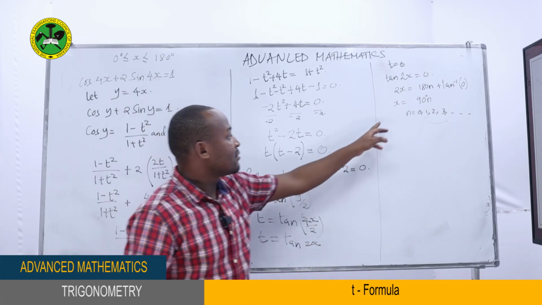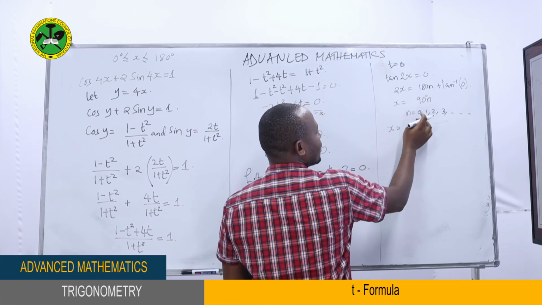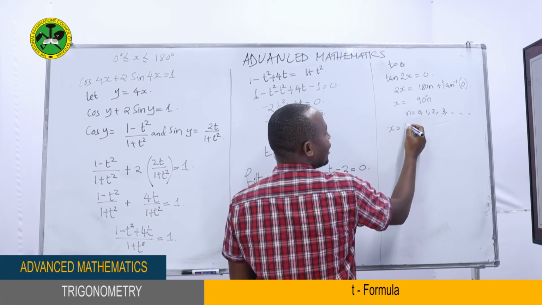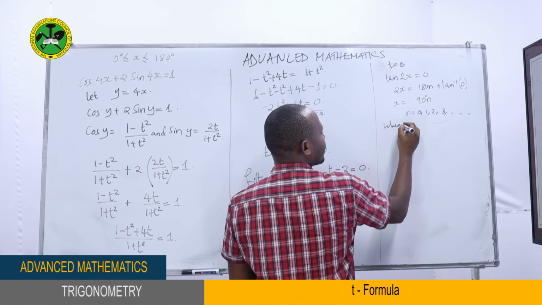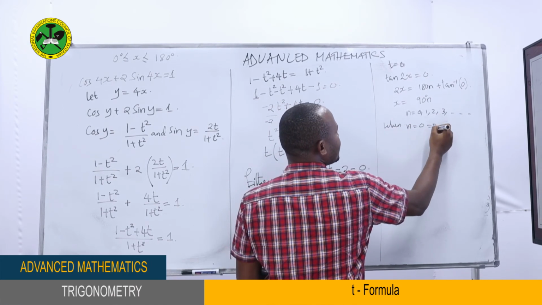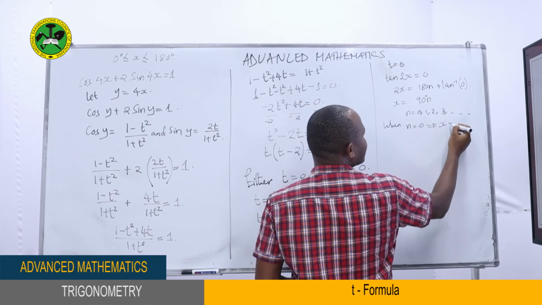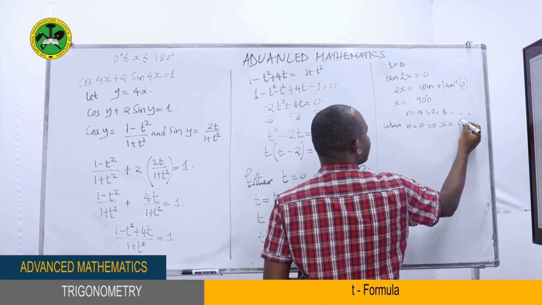Now let's evaluate the value of x. When n is equal to 0, it implies that x is equal to 0 degrees.